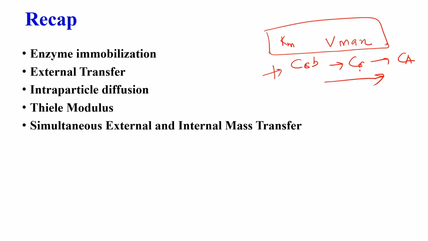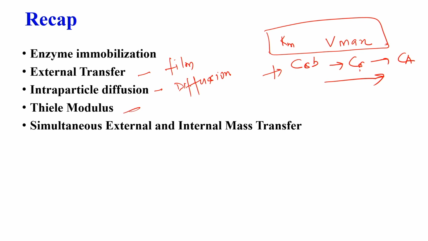One is coming through a stagnant film on the surface, and the second is coming through diffusion because the enzyme is packed in the solids. So, substrate has to diffuse in and product has to diffuse out. We discussed the expression for internal mass transfer as well as external mass transfer.